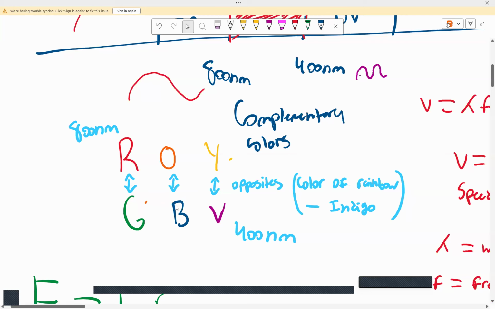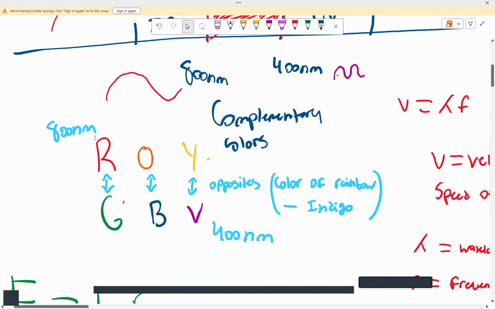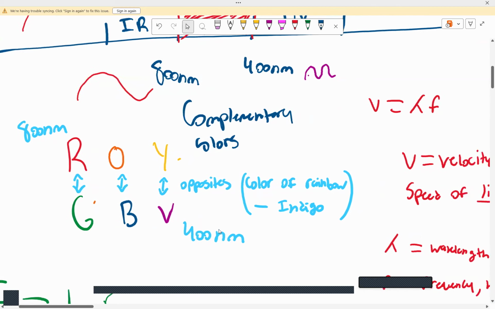Orange, you'll see blue. Yellow, you'll see violet. So ROY, then place the other three letters on the bottom: ROY, and then GBIV. And then 800 nanometers, right? Since red is the longest wavelength and violet has the shortest wavelength.